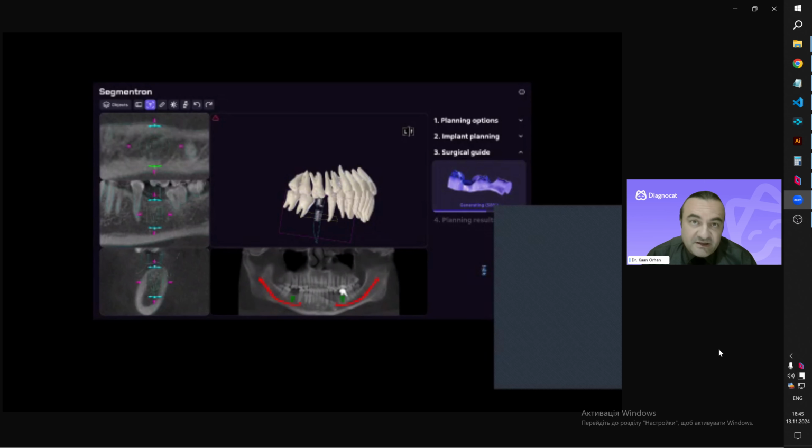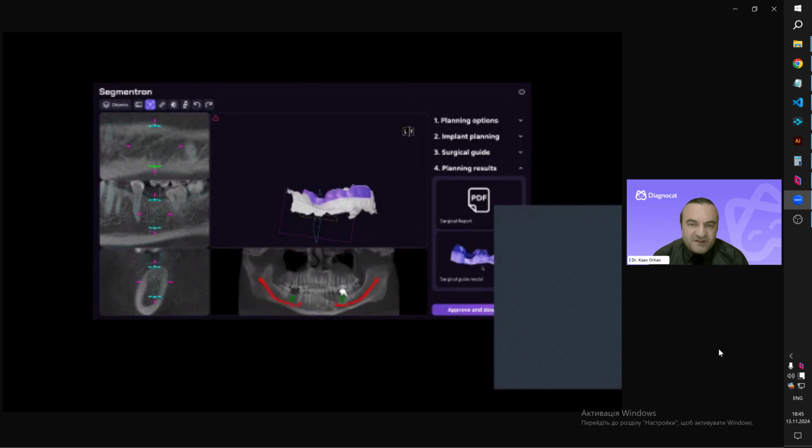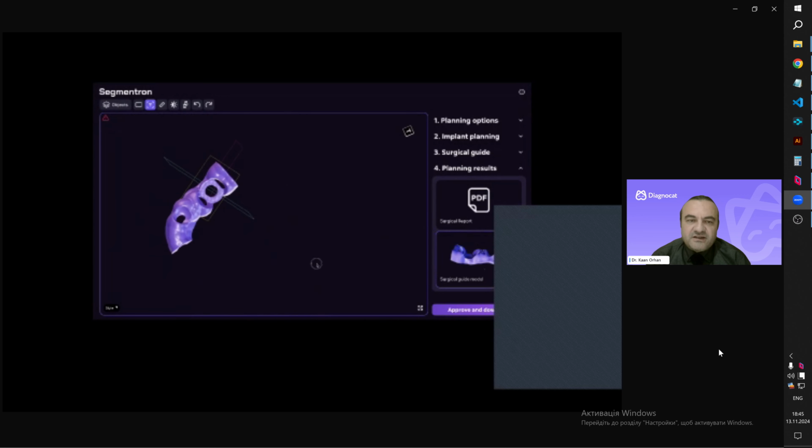Even if it's manual segmentation of the tooth, it will take my entire day. But see, right now, all I am doing is approve the tooth and generate the guide itself. See, it is automatically fusing a surgical guide model here.